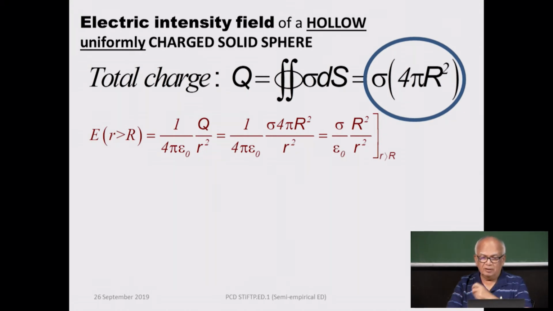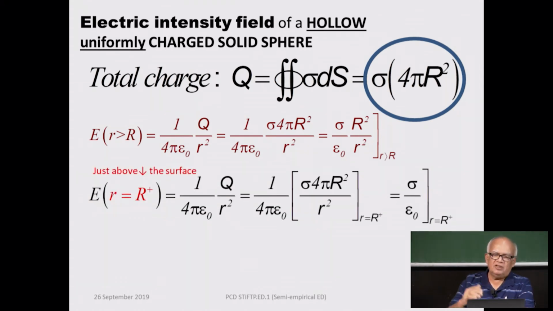So, this is the total charge you have to calculate, which will be the charge over a tiny surface element integrated over the entire surface, which is 4 pi R square, right.